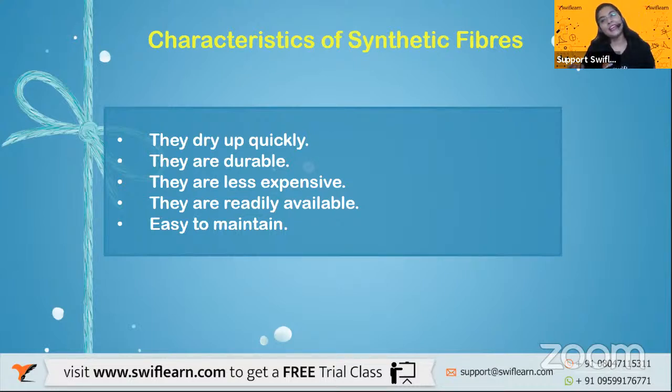We can get it in the very low cost whenever they are present in the market, readily available and very easy to maintain. If you wrinkle it and scribble it, it will not get damaged, and no wrinkles will be formed, there will be no shrink at all. So however you keep the clothes, it will maintain its proper shape and size. Okay, so this is the most important characteristic feature of synthetic fiber.